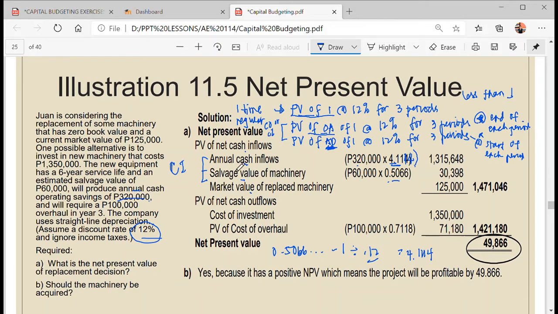And then next is the market value of the replaced machinery, so this is the market or trade-in value of the replaced machinery. So it appears in the computation.